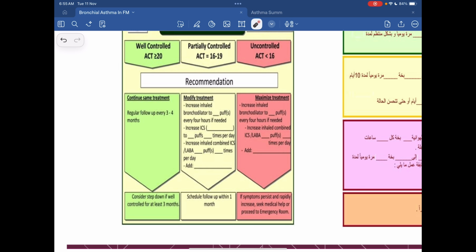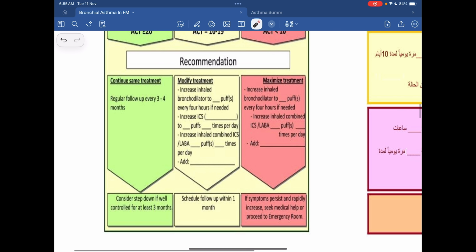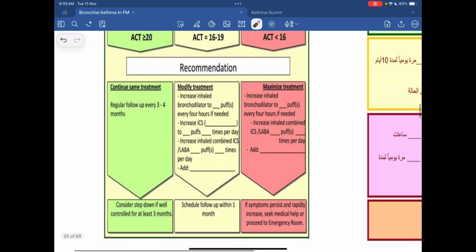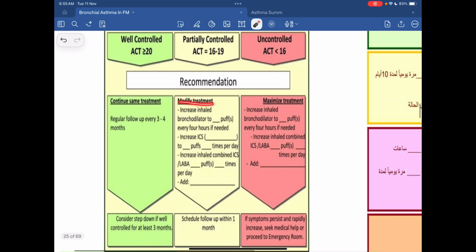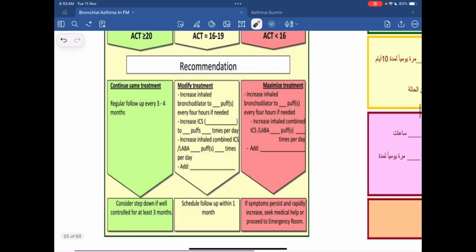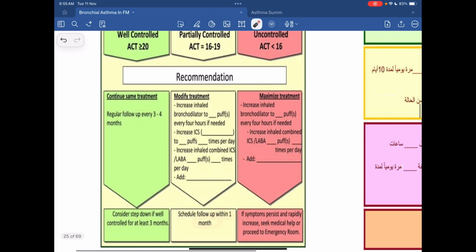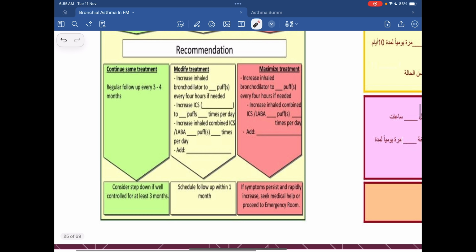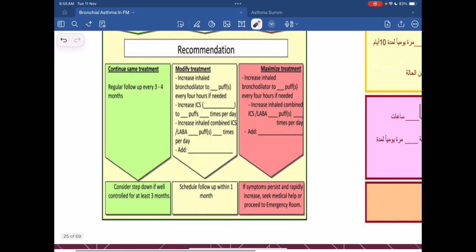We have partially controlled ACT is 16 to 19. So this would be إذا هو كذا we recommend modifying treatment or then following up within 1 month. If it's uncontrolled, less than 16, so we'll increase the reliever, we'll increase the ICS level.